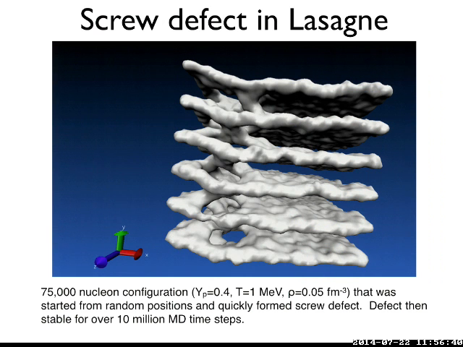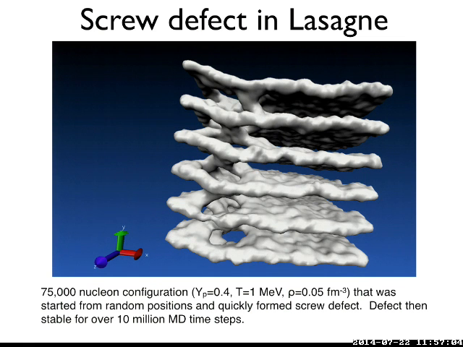Maybe the simplest way to do it is just to show it. So this is a simulation with 75,000 nucleons. I started with random configurations and just cooled it down, just let the system evolve. And what happens is they rapidly want to form lasagna, these flat planes, and you're seeing contours of the proton density.